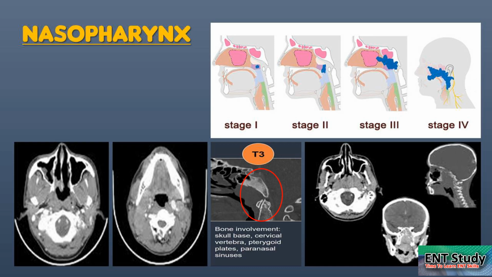Anything going into the clivus, cervical vertebrae, whatever is eroded, or going up to the paranasal sinuses, the pterygoid plate, right here, then this would be stage 3, and obviously stage 4 is when it becomes either intracranial or it extends into the next anatomical space.